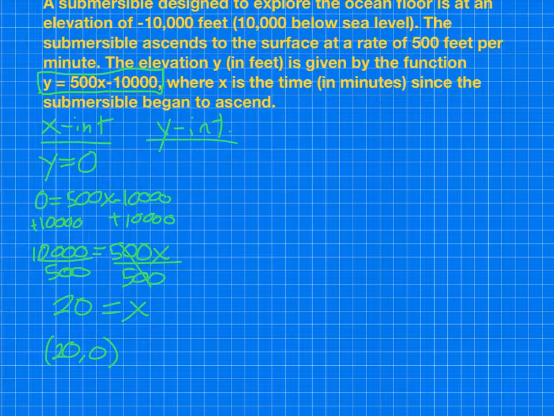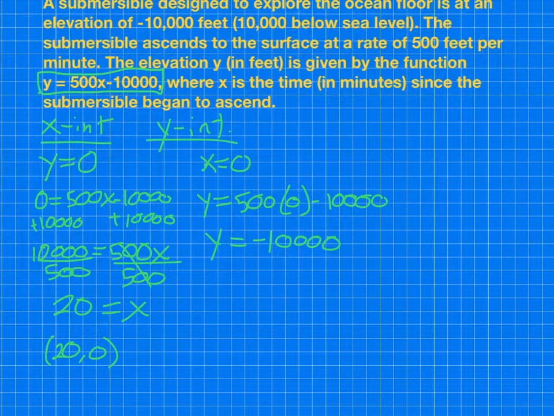For the y-intercept, we're going to do something similar, except remember at the y-intercept on the y-axis, x equals 0. So we're going to use that to find the y value of the y-intercept. y equals 500 times 0 minus 10,000. 500 times 0 is 0. 0 minus 10,000 is negative 10,000.